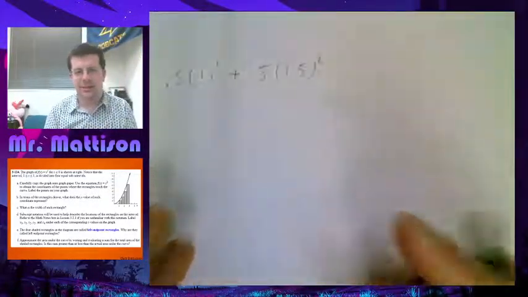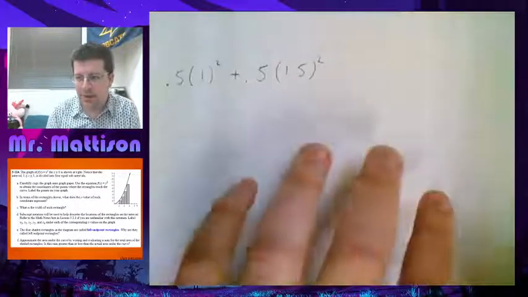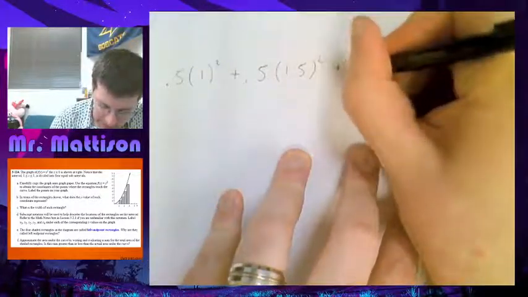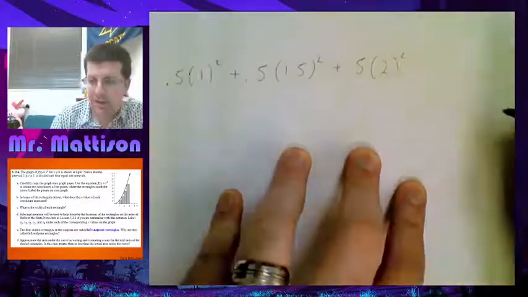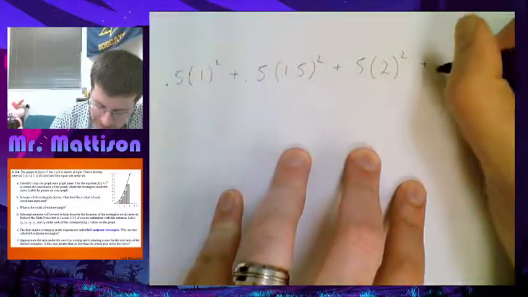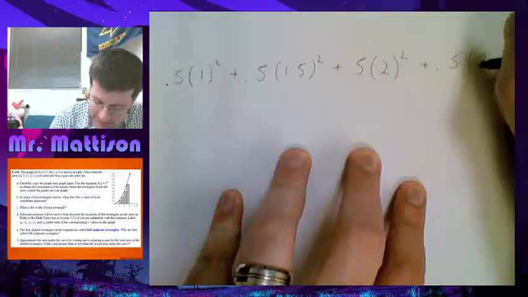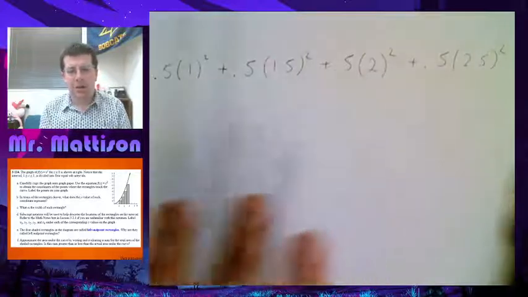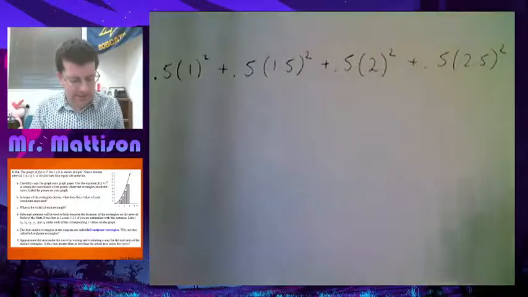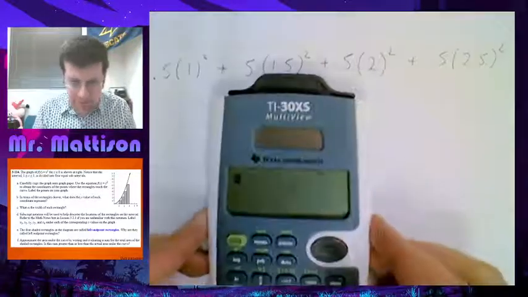And then my third one is 0.5 times 2 squared. And my last one is 0.5 times 2.5 squared, right? So if I add all of those up, I believe you get 6.75, if I remember correctly.